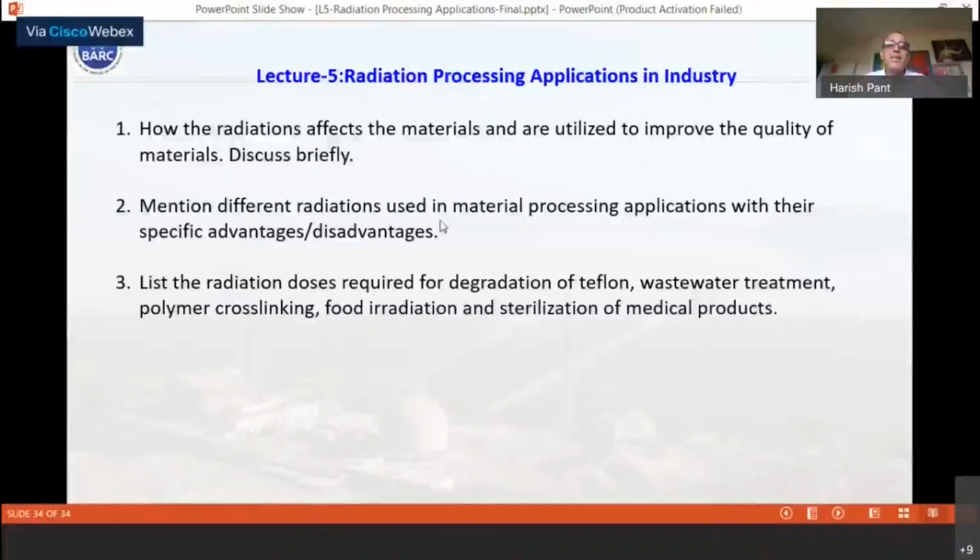Mention different radiations used in material processing applications with their specific advantages and disadvantages. List the radiation doses required for degradation of Teflon, wastewater treatment, polymer cross-linking, food irradiation, and sterilization of medical products. Just write what doses are used. So these are very simple assignments.